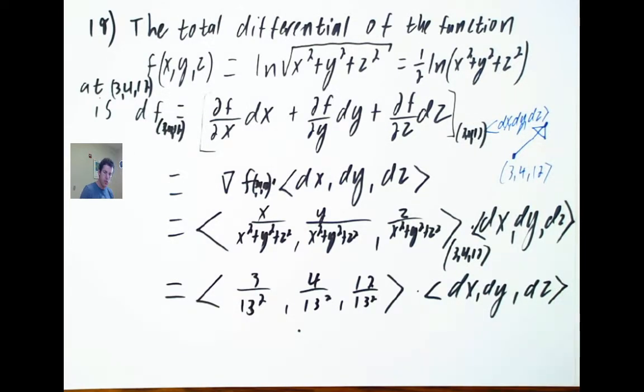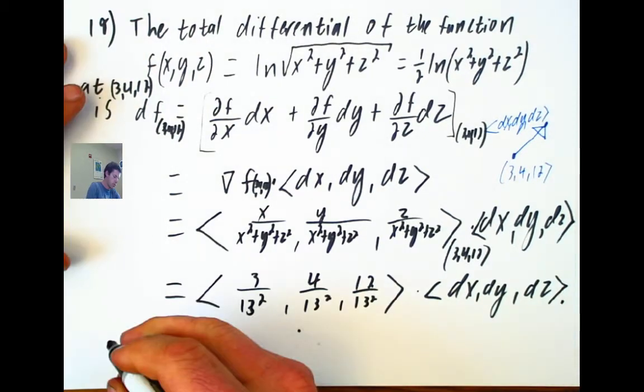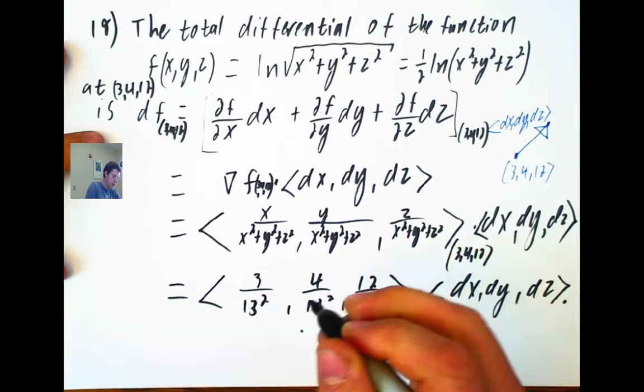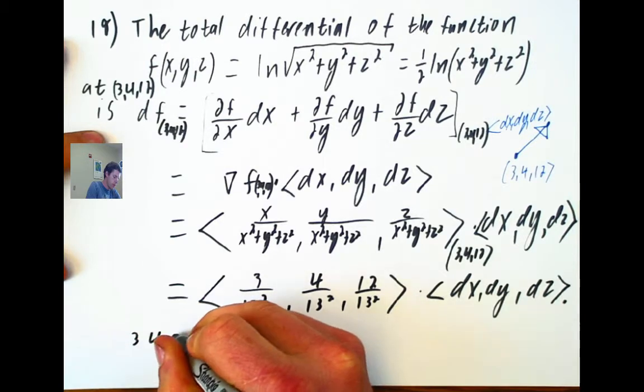Okay, so we are meant to now estimate the change as we move some small distance in the direction of a particular vector. Now, I am supposed to look at the vector 3, 6, negative 2. So I'll be looking at 3, 4, 12.